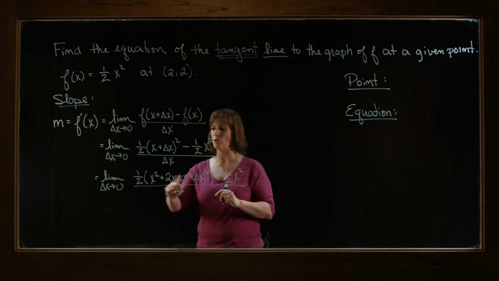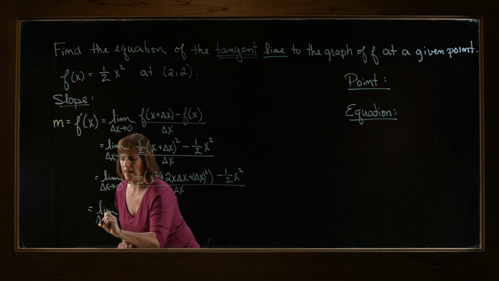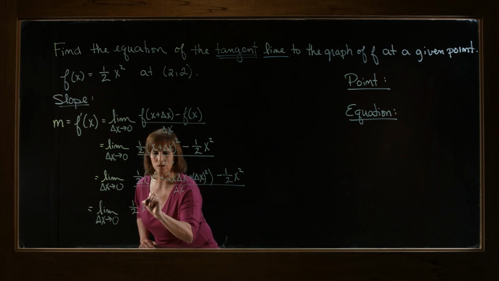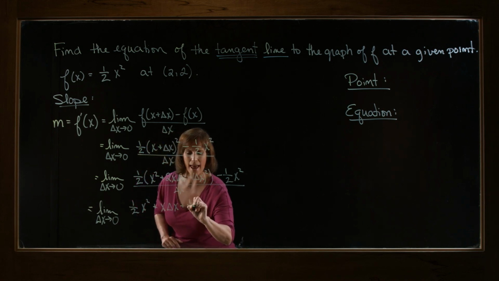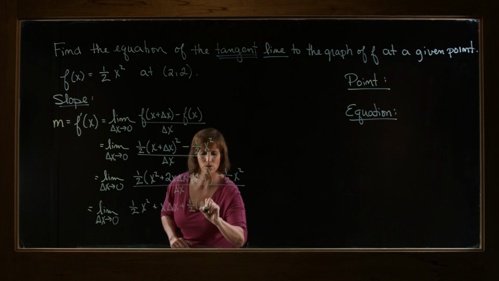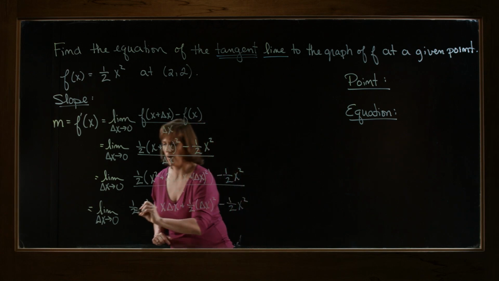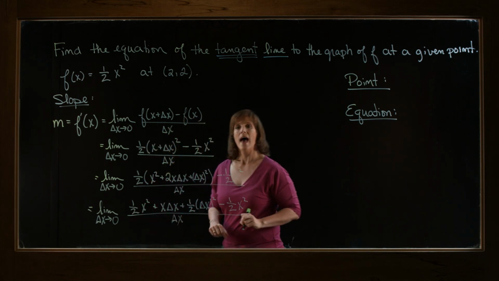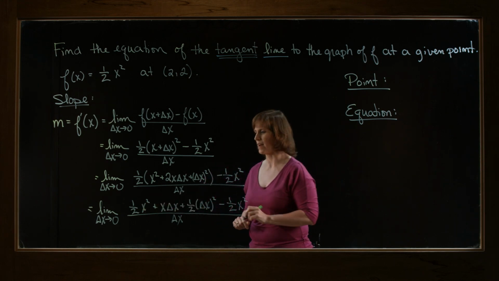I'll go ahead and distribute the 1/2 across. And I have the limit as delta x approaches 0 of 1/2 x squared plus x delta x plus 1/2 delta x squared minus 1/2 x squared all over my delta x. And at this point, I notice that I have a positive 1/2 x squared and a negative 1/2 x squared.